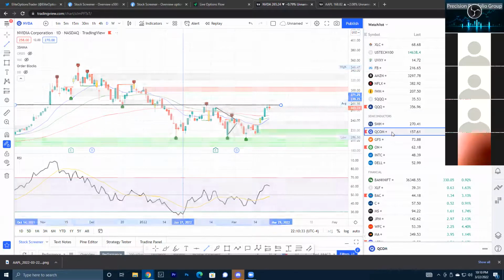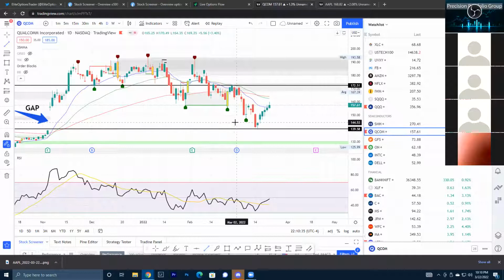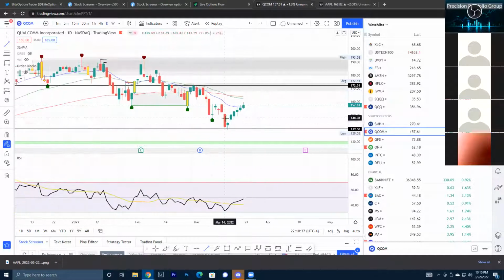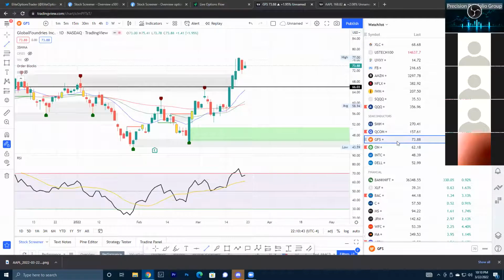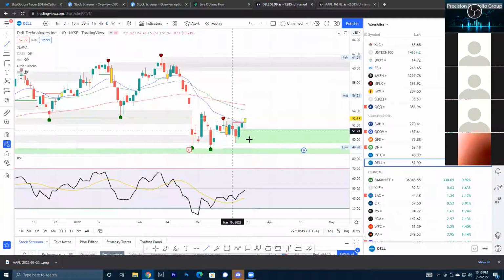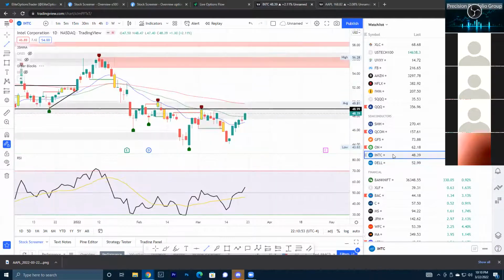So I can go to Qualcomm and see what Qualcomm is doing. Qualcomm may move. Yeah, Qualcomm got a little settlement here. GFS is another semiconductor stock that I list. It has some good pickup. Let's see Dell. Dell got some good call orders coming in. Let's see Intel. Intel is okay.